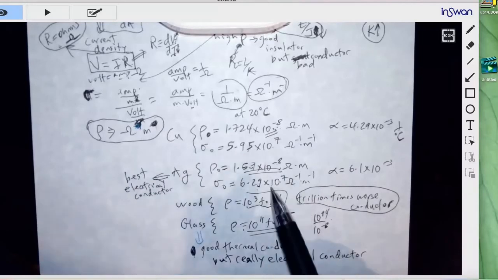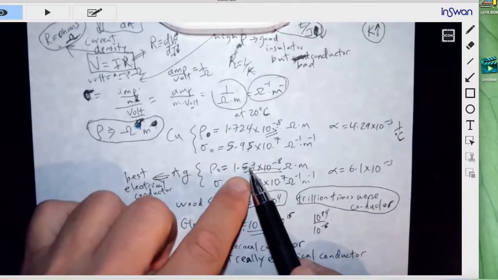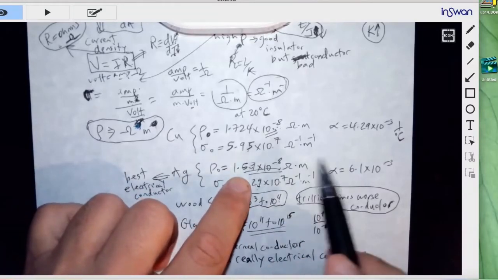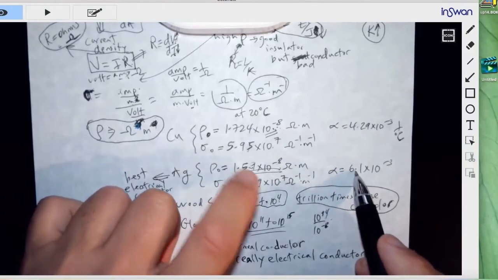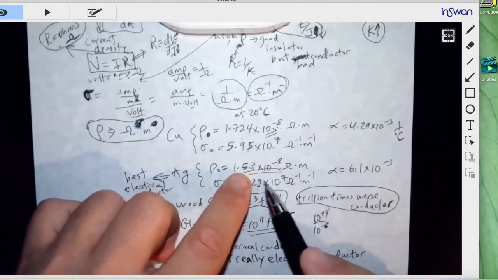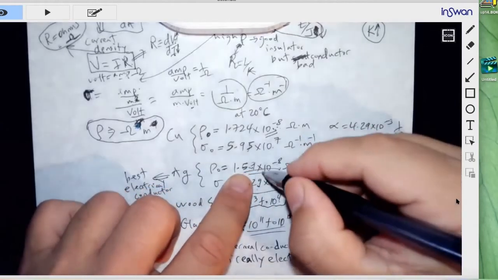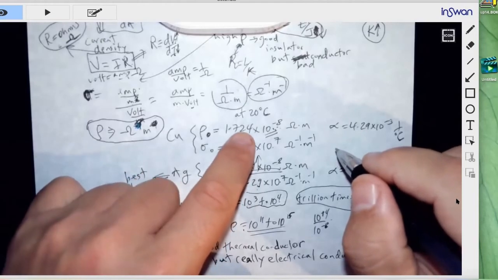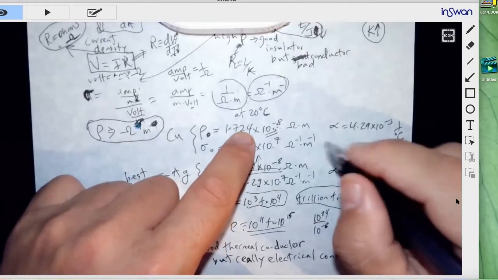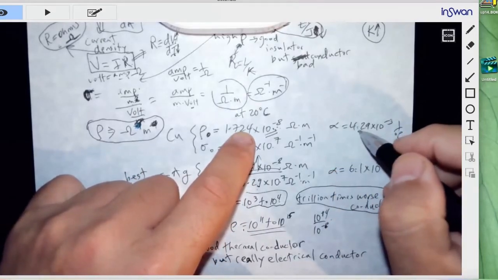So you see here, the resistivity of the silver is lower, but it's more sensitive to temperature variation. If I start heating it, the resistivity of the silver is going to go up, and it's going to catch up to the resistivity of copper because the alpha of copper is lower.